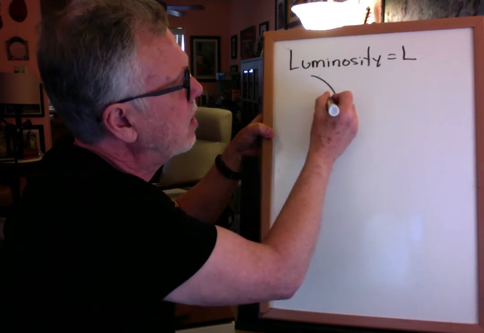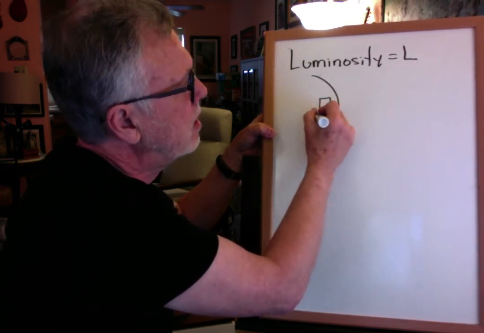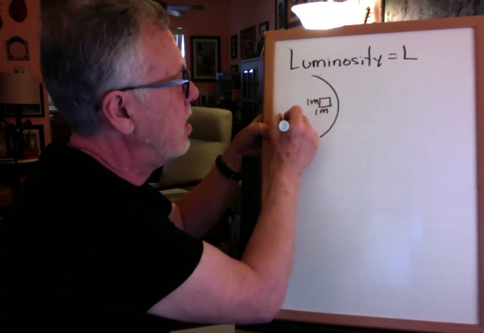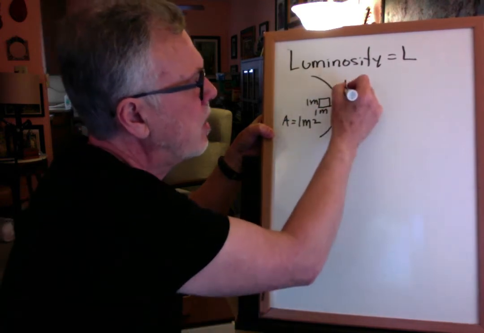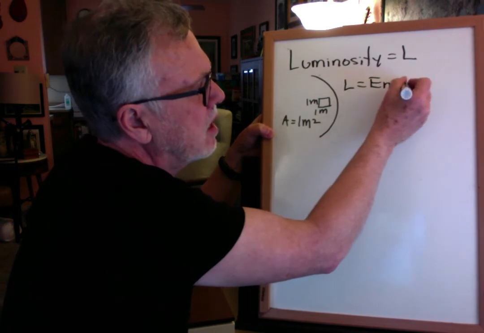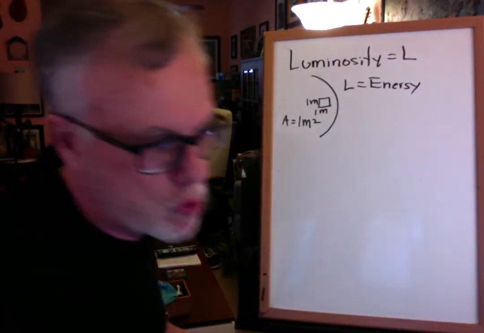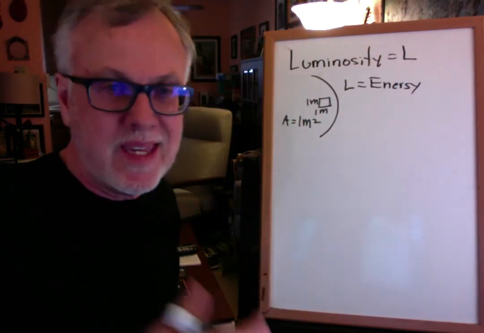We take a little bit of surface area, 1 meter by 1 meter, so the area is 1 meter squared. The luminosity is how much energy, that means how much light and heat, basically comes out of the star. Really it is light, because that's what travels from the star to us to heat us.